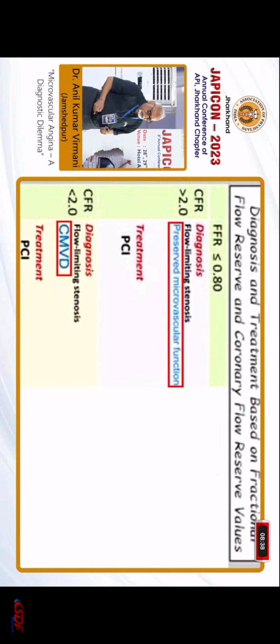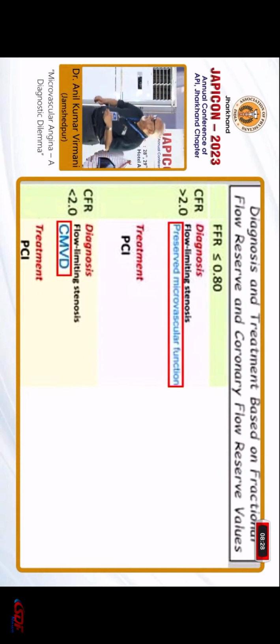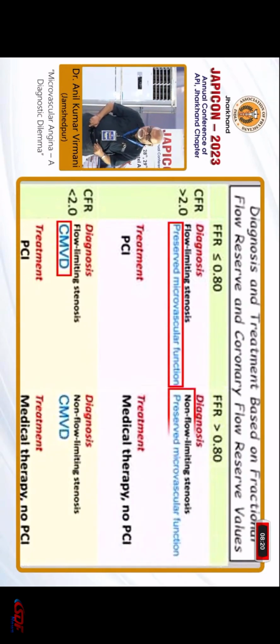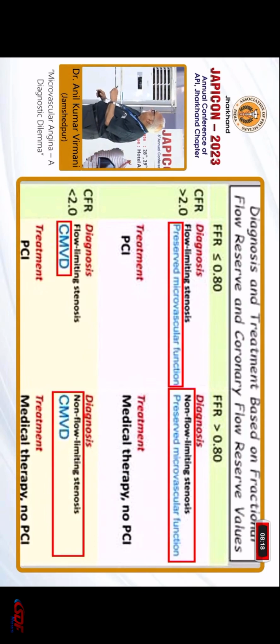So how do you diagnose? If the FFR is less than 0.8, it is inducible ischemia, so it is a flow limiting stenosis. Then you look at the coronary flow reserve. If it is normal, more than 2, it is preserved microvascular function, and if it is less than 2, it is coronary microvascular disease. On the other hand, if the FFR is more than 0.8, it is a non-flow limiting stenosis. Again, you look at CFR, if it is more than 2, again preserved microvascular function, and if it is less than 2, it is non-flow limiting, it is coronary microvascular disease.